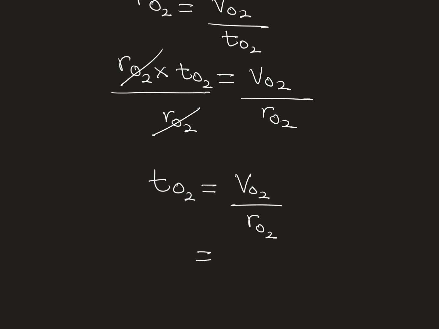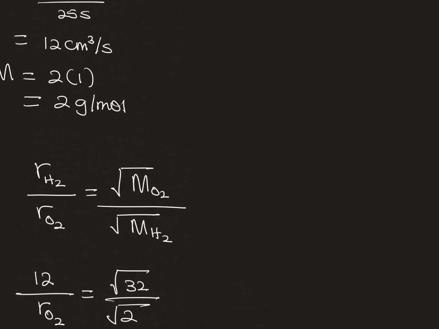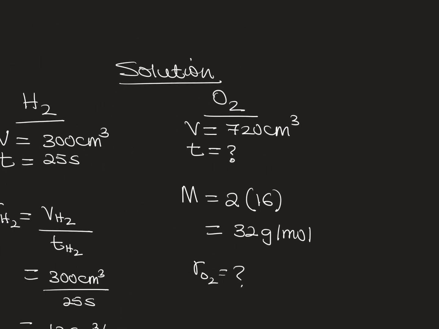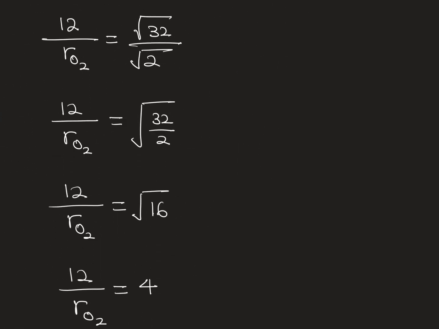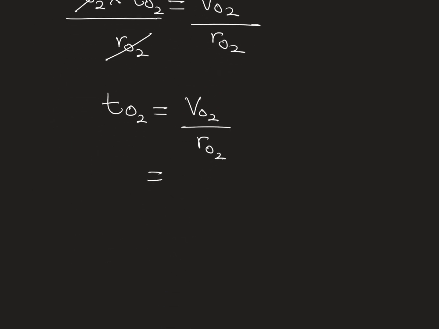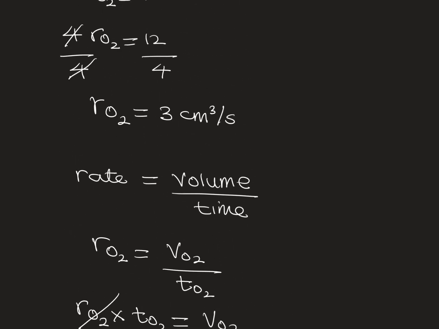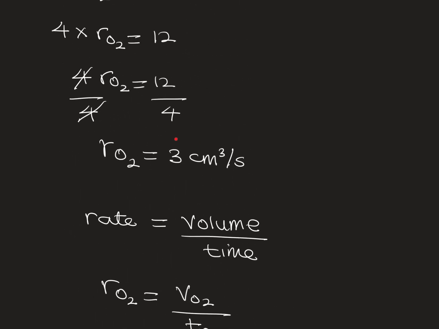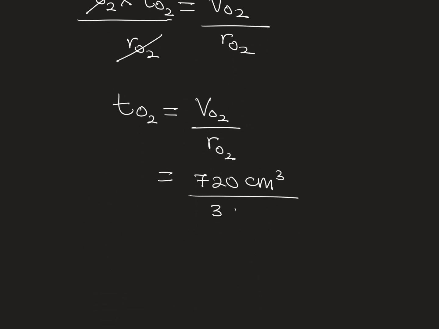What is the given volume of oxygen gas? In the question, the given volume is 720 centimeter cube. So 720 centimeter cube divided by the rate of diffusion of oxygen gas, which we calculated as 3 centimeter cube per second.